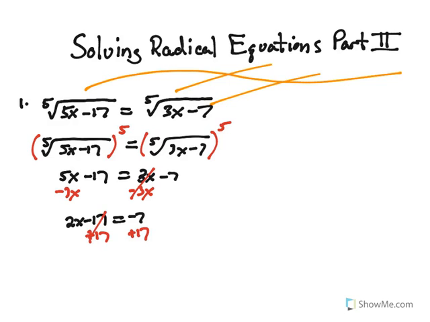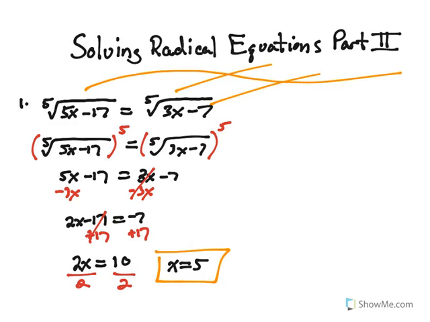So that cancels. Then you just have 2x equals minus 17 plus 7, which is going to be 10. And then we're going to divide both sides by 2. And then I'm going to have x equals 5. So that one was pretty straightforward. x equals 5.